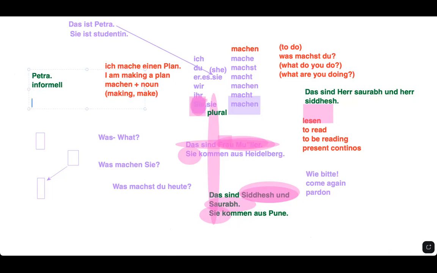But if I say Frau, which means lady, and her first name is, let's say, Petra Müller, but here I have used Petra, das ist Petra. That means she's my friend or I know her. But if I say Frau Müller, this is also Z to me, but this is capital Z. Why? Because it is a third person formal.